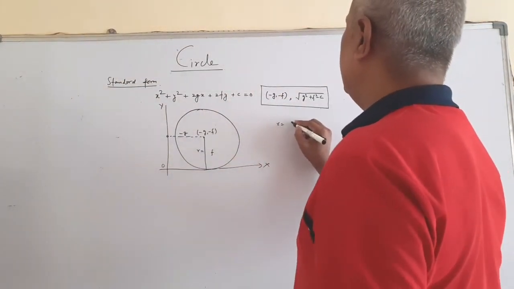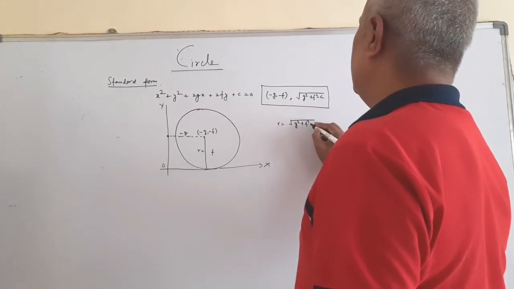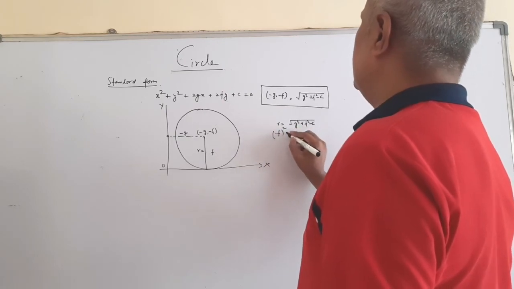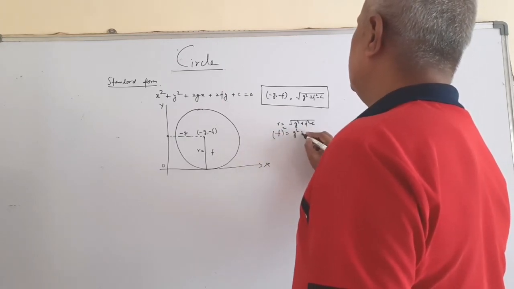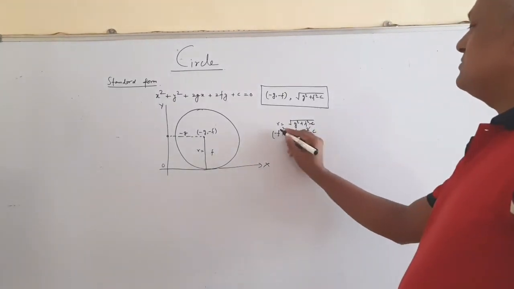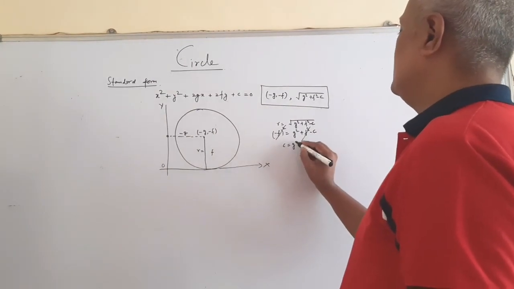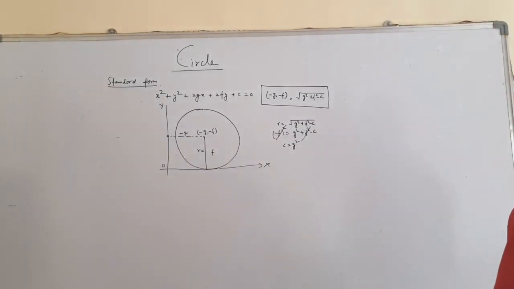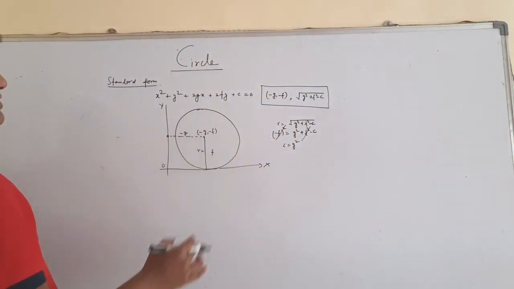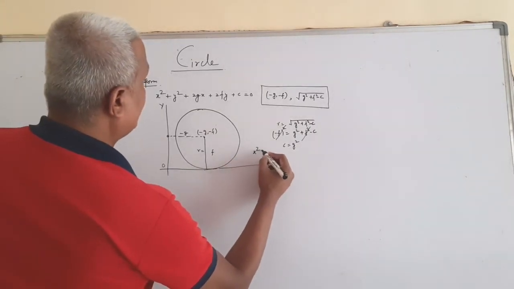Since r is under root g square plus f square minus c, f square is g square plus f square minus c, then the f square terms cancel, and you get c equal to g square, right?